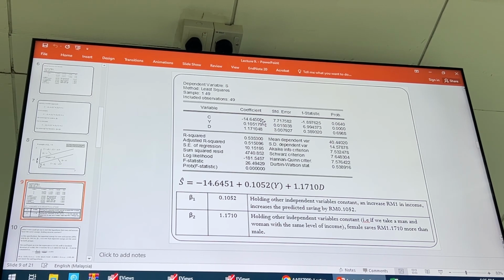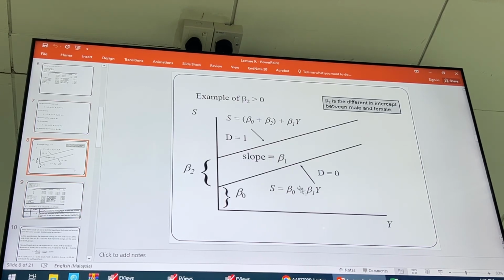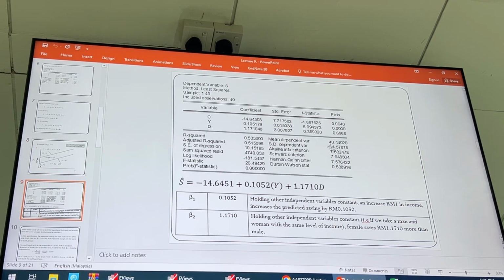Sorry, this one is for male, and for female it is this one plus this. Negative means they don't have savings, so maybe they have a debt or they owe some money to other people, when the income equals 0.